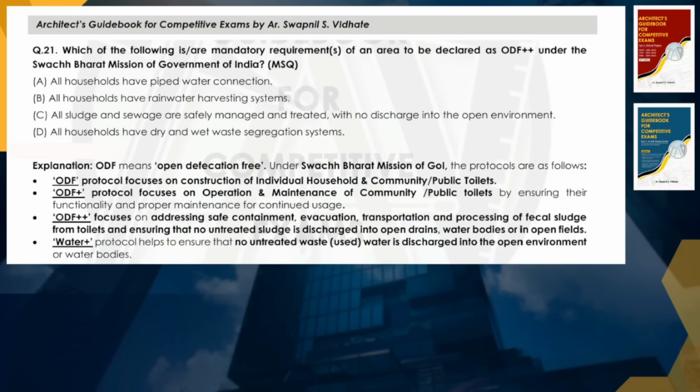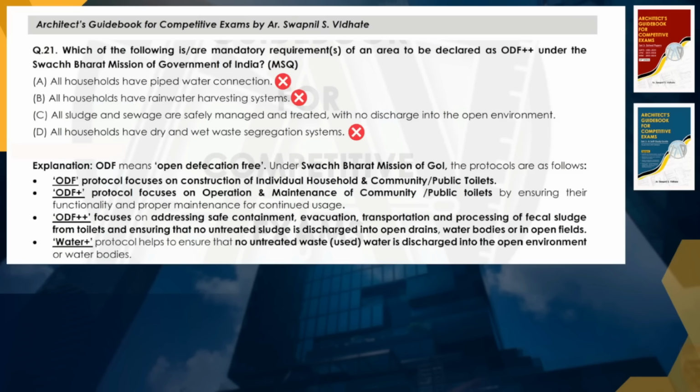The last one, water plus, that protocol helps to ensure that no untreated waste water is discharged into the open environment or water bodies. So if you carefully see the four options, all households have piped water connection is not related to open defecation free.